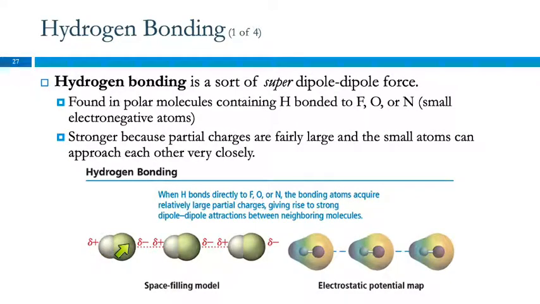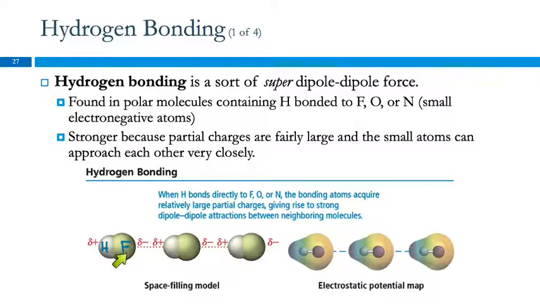There's the hydrogen, here's the fluorine. This dipole moment here is extra large because the difference in electronegativity is larger than for other atoms, right? Because fluorine is the most electronegative. So this is fluorine, and that's hydrogen. So this dipole moment is very strong.